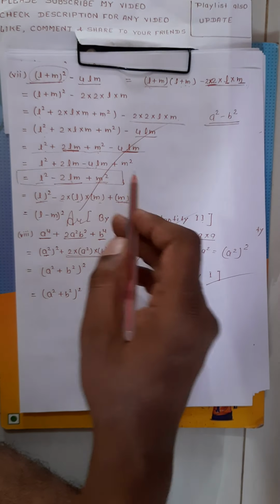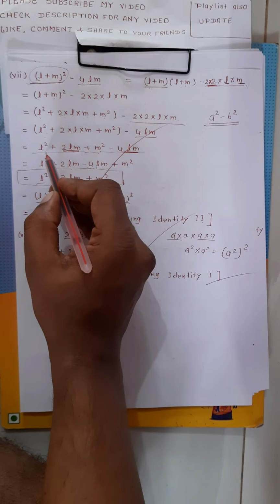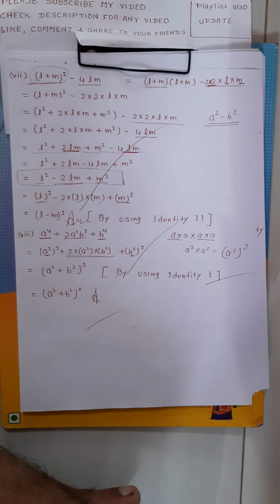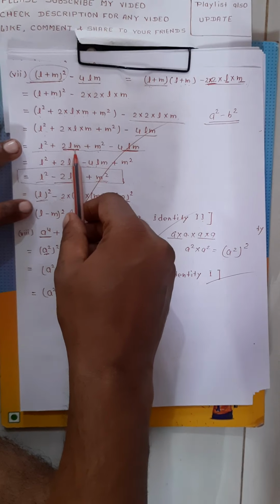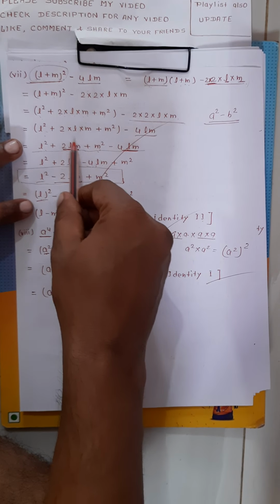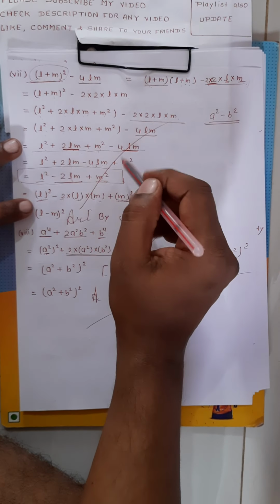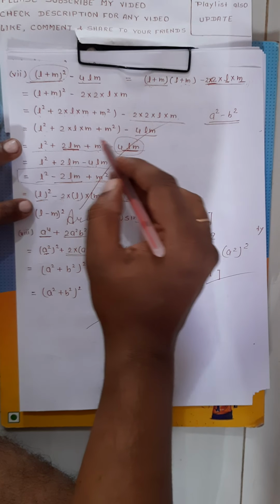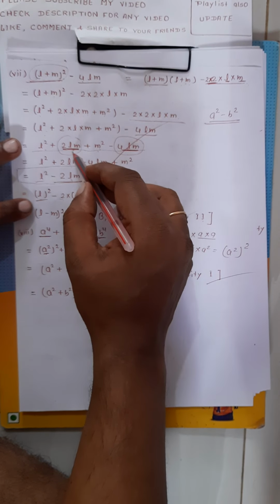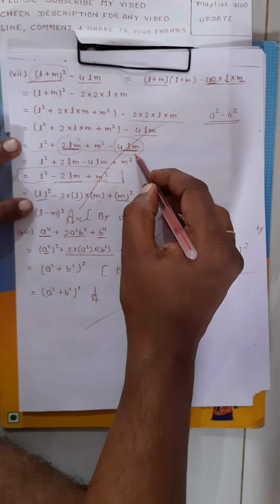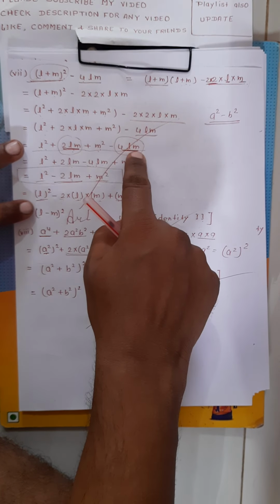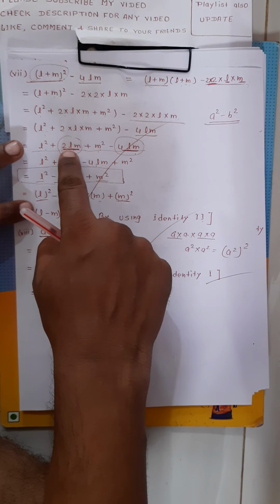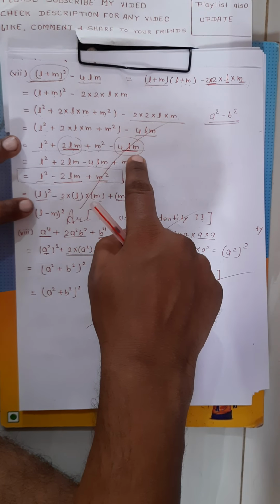Now what will we do? It has lm and it also has lm. It is 2lm and it is 4lm, so we can subtract this 2lm with this 4lm.